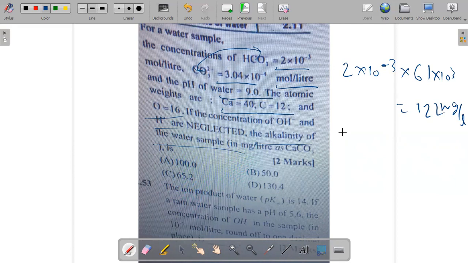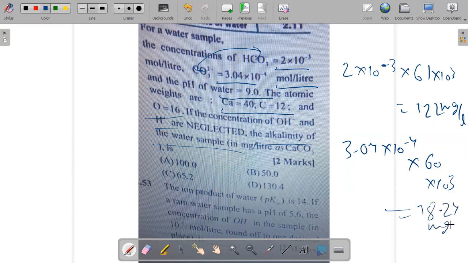And similarly with CO3 2 minus, that 3.04 into 10 to power minus 4 multiplied with its respective atomic weight, which is 48 plus 12, multiplied, 60 into 10 to power 3, and we have calculated, we will get a value of 18.24 milligram per liter.